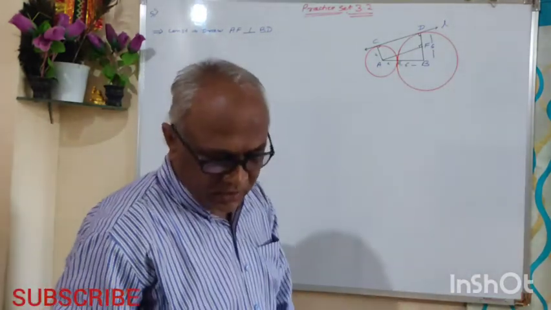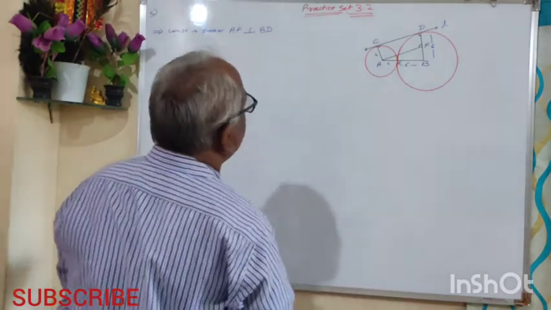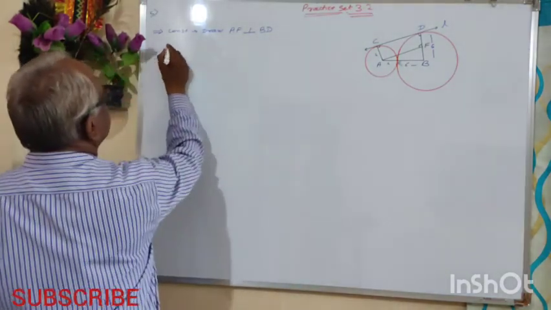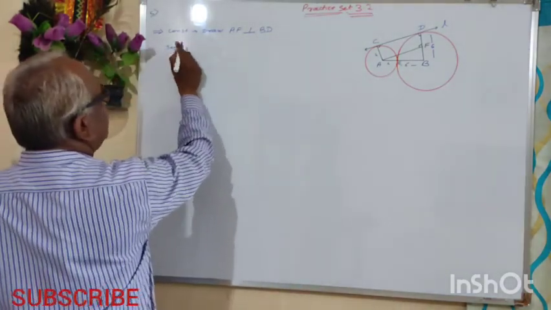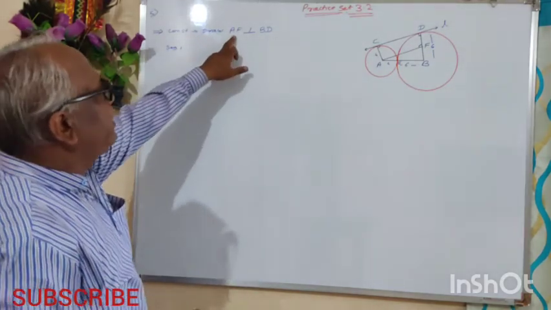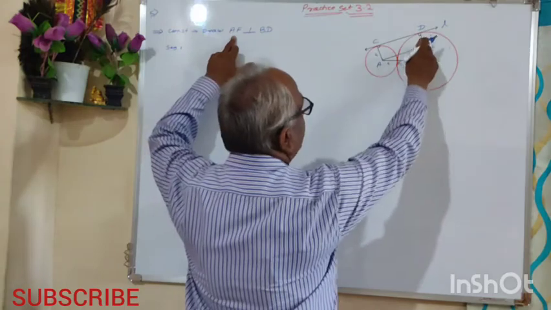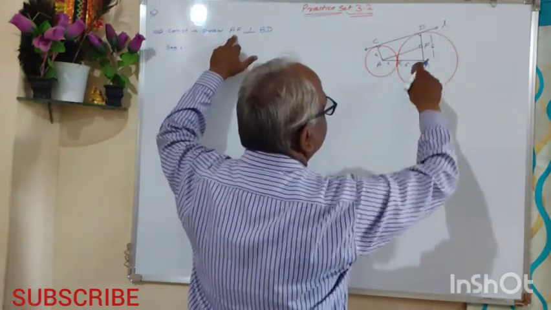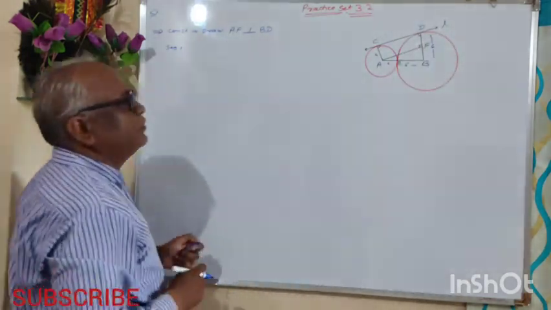Now here in this segment AC, we did one construction, draw AF perpendicular to BD, that we have shown there.